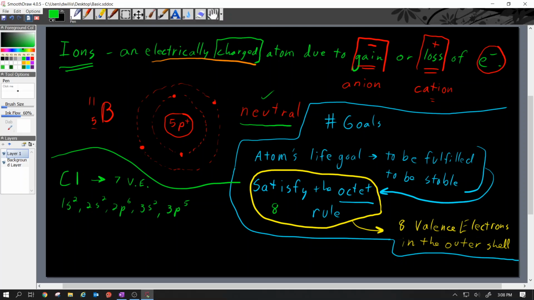And so as I look at this, remember when I'm talking about the valence electrons, I'm talking about the outermost energy level. So the outermost energy level in this case is level 3. How many electrons are there in that outermost energy level?